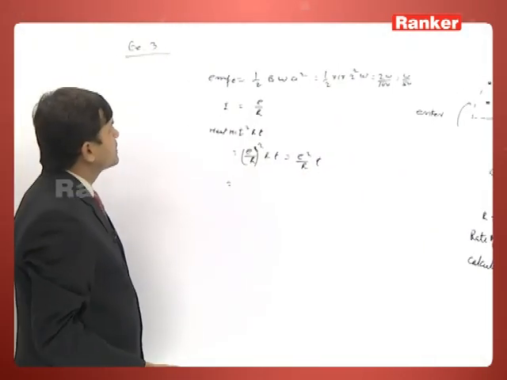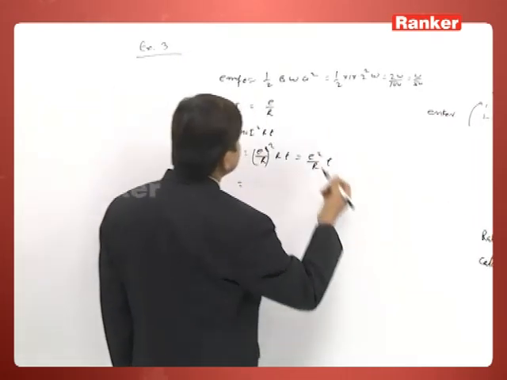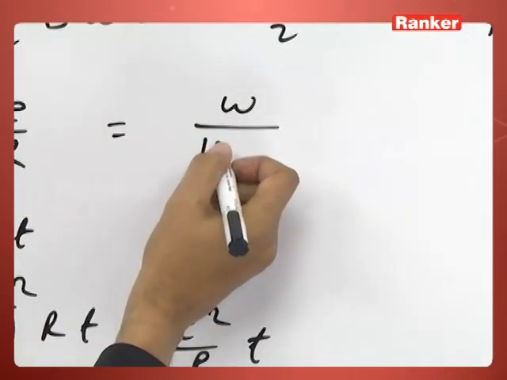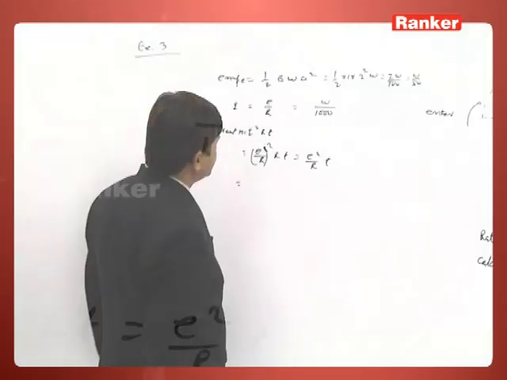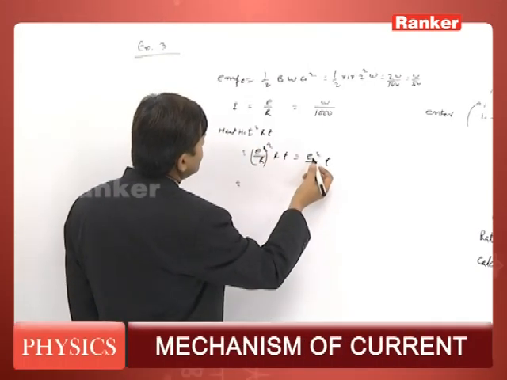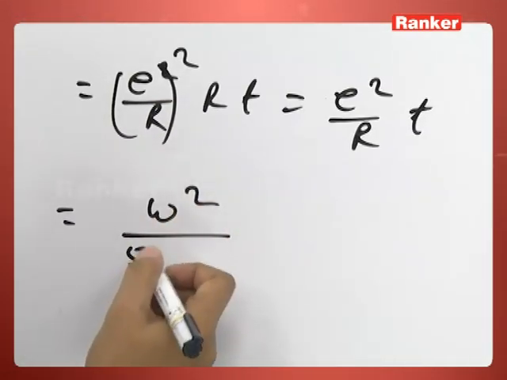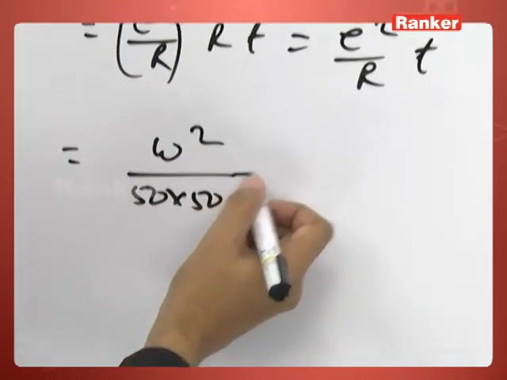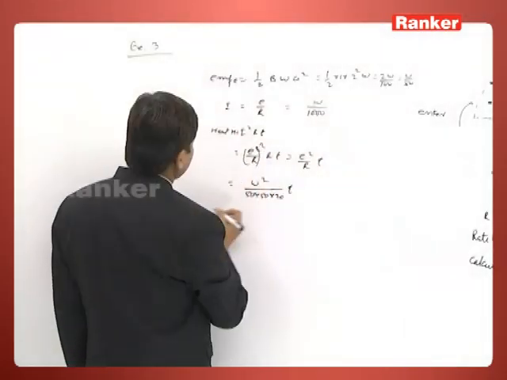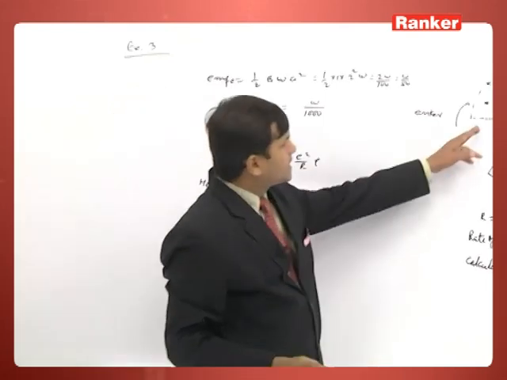So omega by 50 is the EMF, and resistance is given as 20 ohm. So current is omega by 1000. Or E square means omega square by 50 into 50, by R, R is 20, into T. This is the heat when it is about to enter.